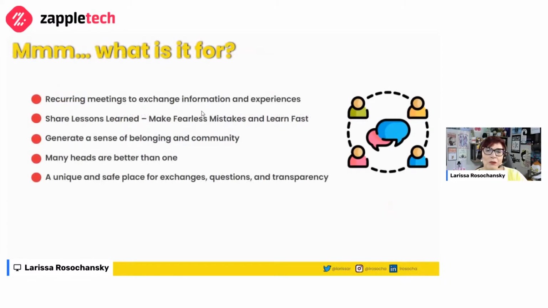So, but what is it for? As I told you, the chapter... how is it working? We do this by recurring meetings to exchange information and experiences. We do this by sharing the lessons learned, and we are able to make fearless mistakes and learn fast.